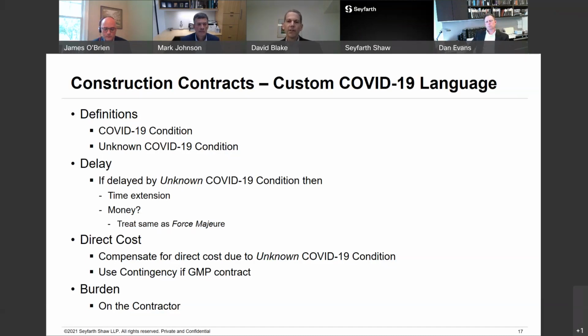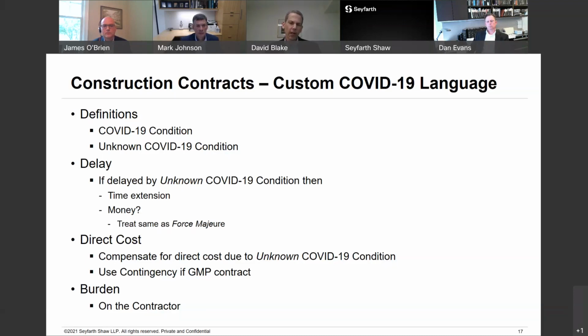In the GMP contract, I specify that if there's available construction contingency money, that we're going to use that as our first source of funding for these types of costs. And only when those funds have been depleted would the owner issue a change order increasing the GMP for those additional direct costs.